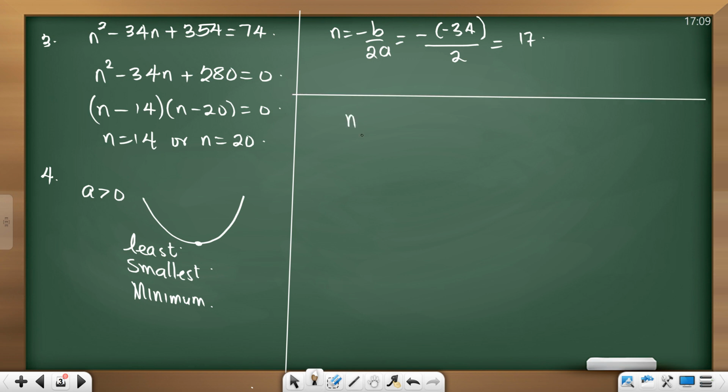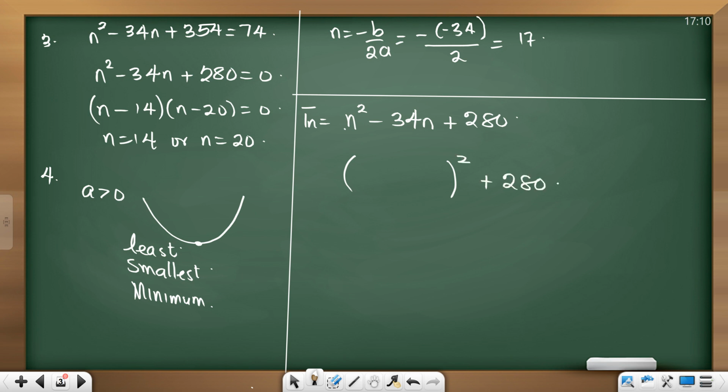Let's complete the square together. Today you will learn how to. Plus 280. The thing is, make sure that the coefficient here is positive 1. Always make sure. Is that okay? If it's not positive 1, you factor out whatever it is. Make sure that a is 1. Open 2 brackets. Put a squared.